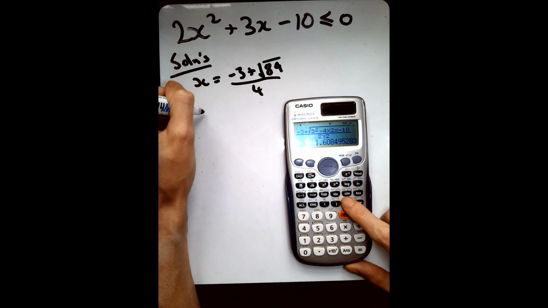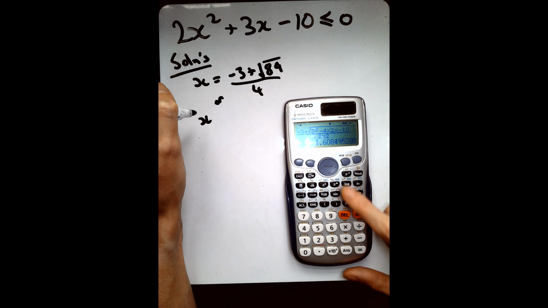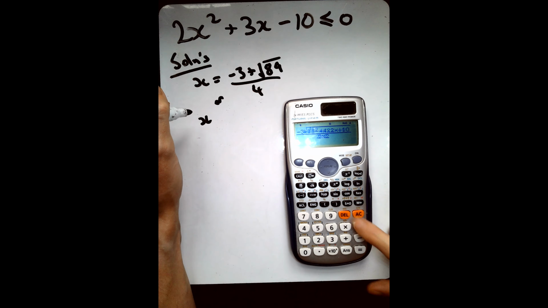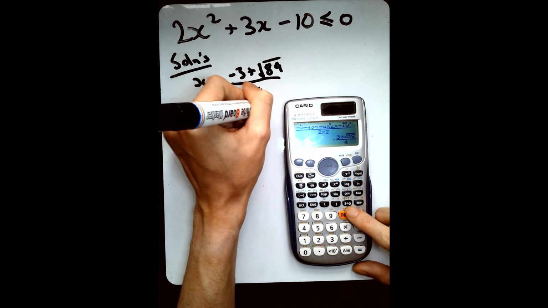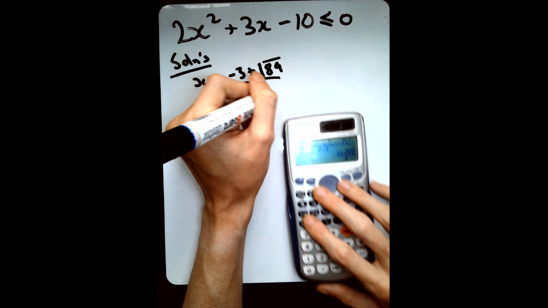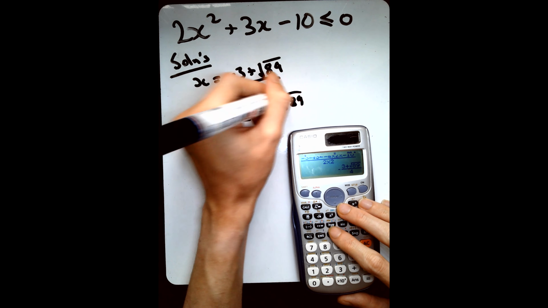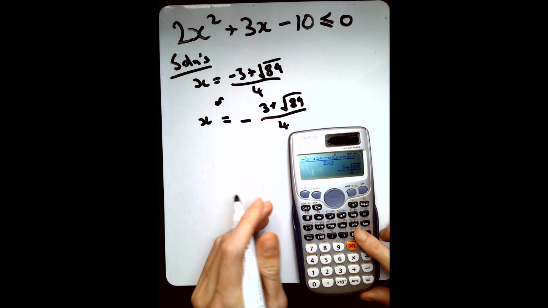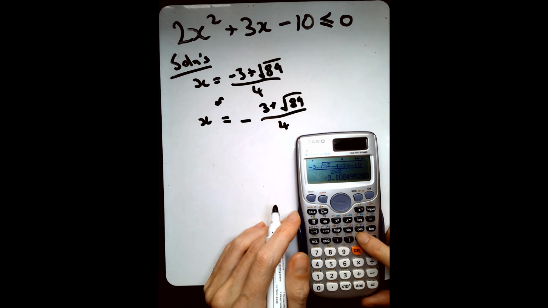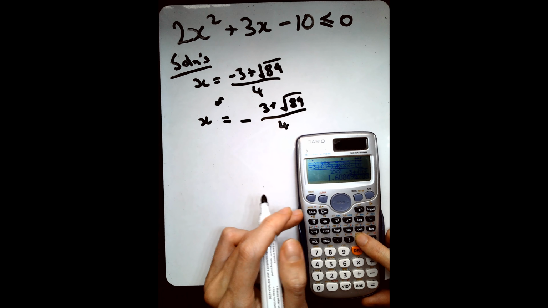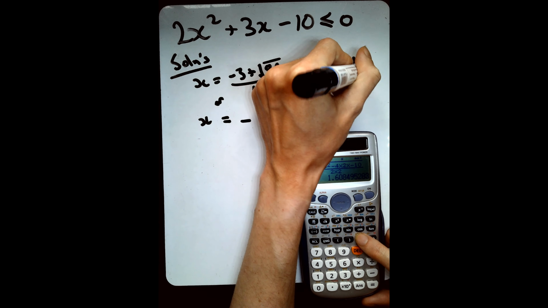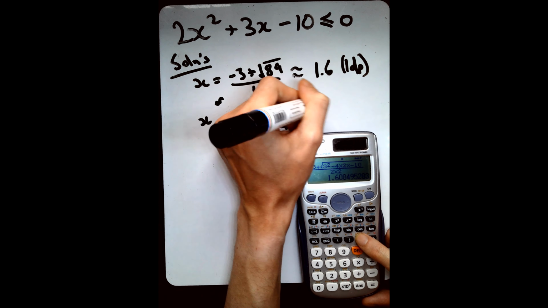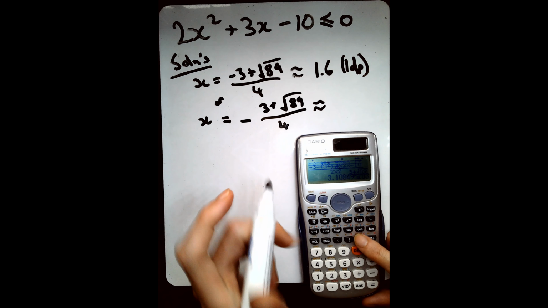And then we've also got, change our plus to a negative or subtract in there, and we get negative 3 minus root 89 over 4, which is about negative 3.1. So this was 1.6 to one decimal place, and this was negative 3.1.